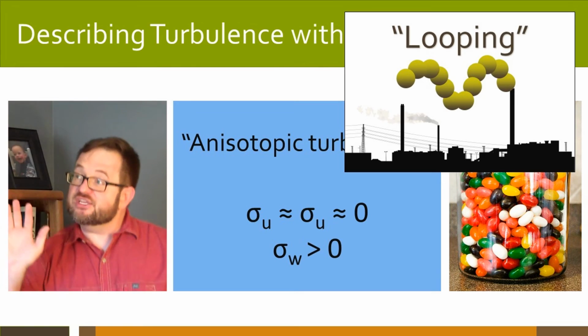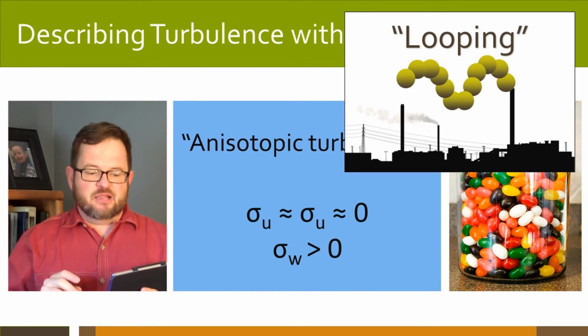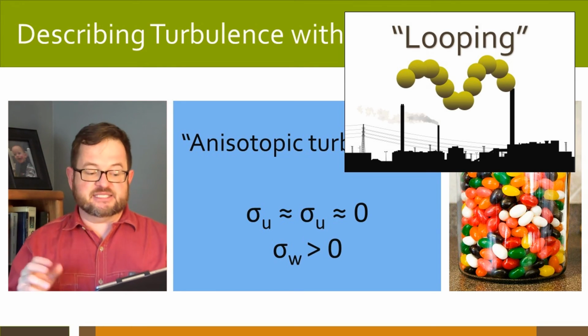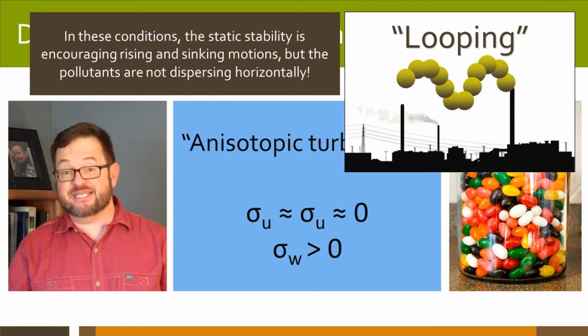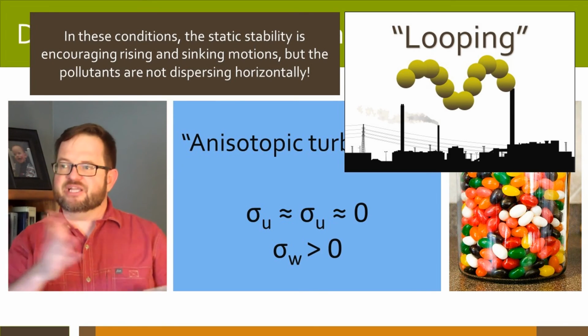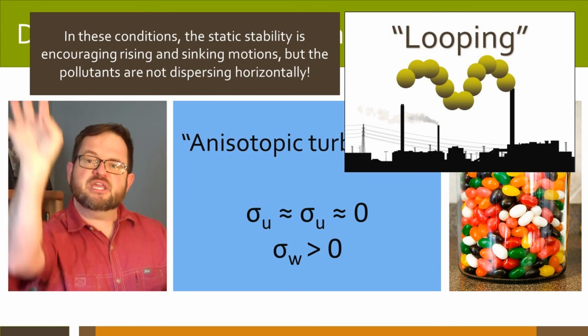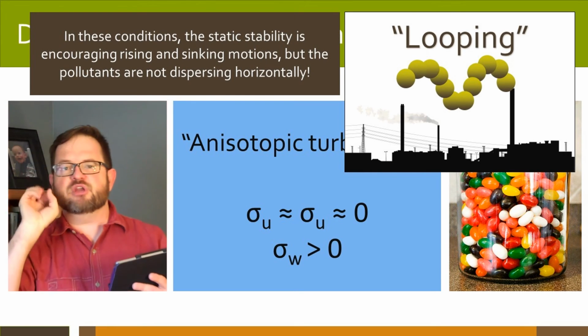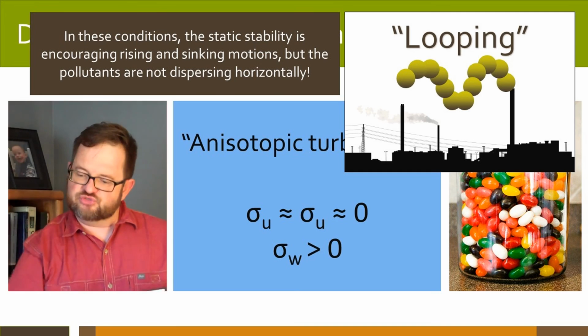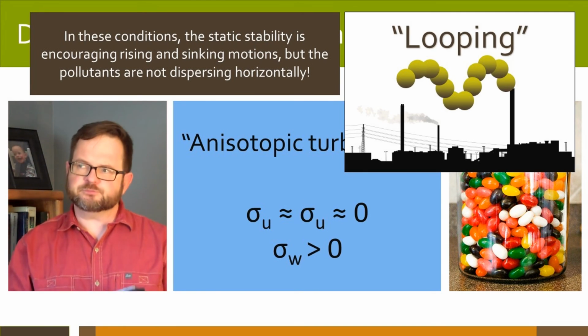You're going to look at a smokestack and you see the smoke goes up and down like this. And that looping is happening because the static stability is encouraging rising and sinking motion, but there isn't a lot of horizontal eddies transporting the pollutant side to side. So they just sort of make a kind of rope-looking path transporting downwind as the air parcels rise and sink in the plumes, and you get looping.